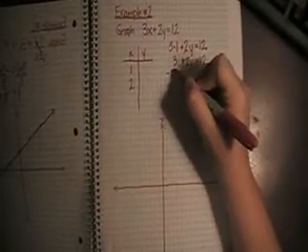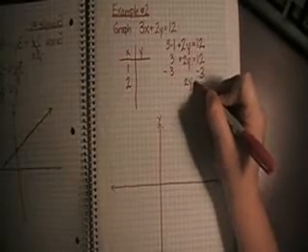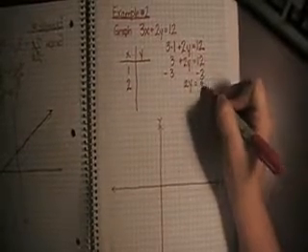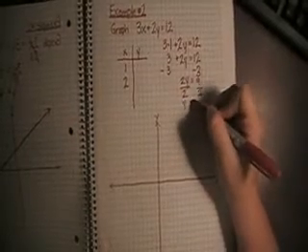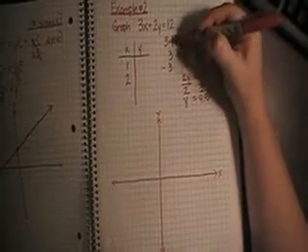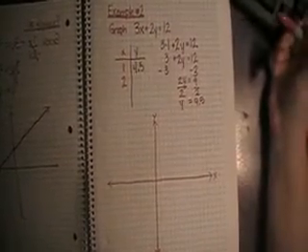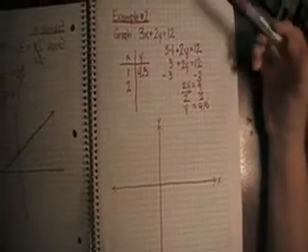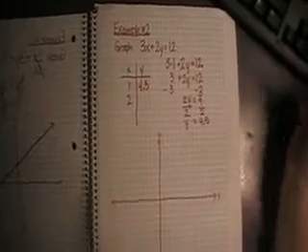Then I'm going to subtract 3 from both sides. Divide both sides by the 2. And I get the corresponding y value of 4.5. So when x is 1, the y is 4.5. Now let's figure out what the y coordinate would be when the x is 2.